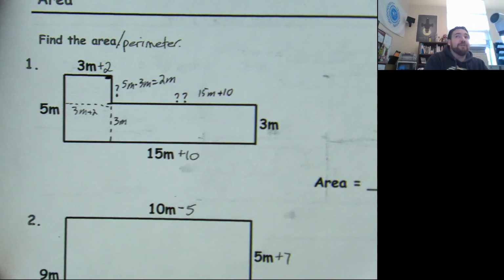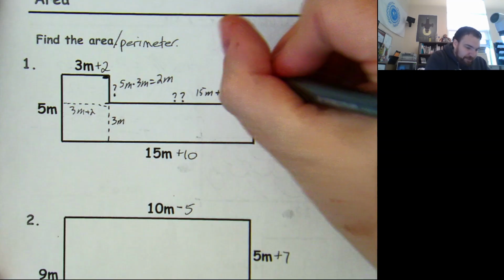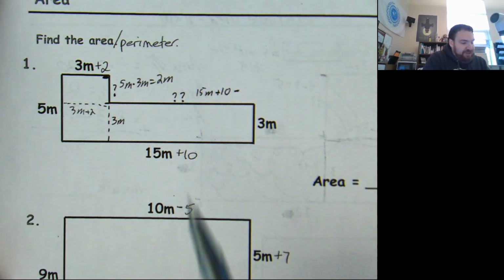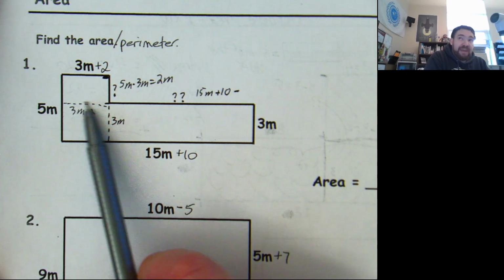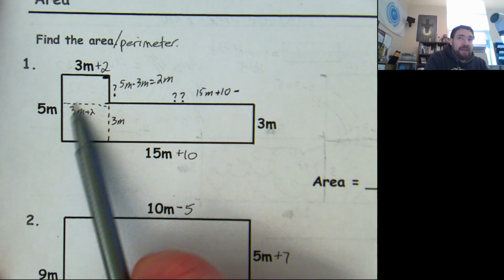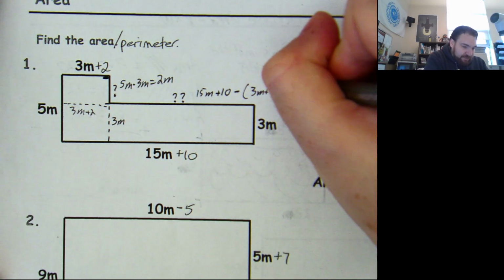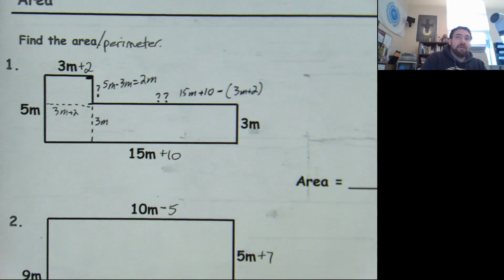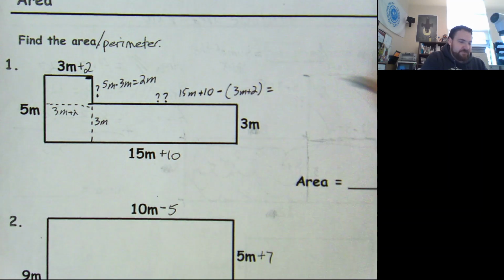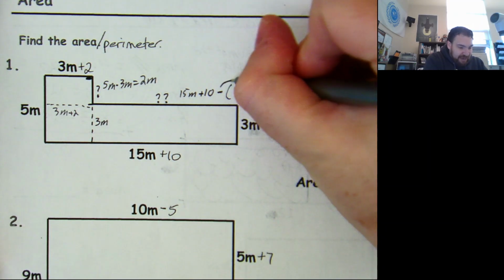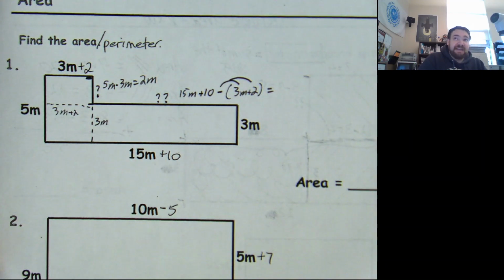And now how you write out the subtraction is really important. We're going to put the subtraction sign, and because we want to subtract away this whole thing, you have to put this whole thing in brackets. 3m plus 2. Close the bracket. Equals. Now, when we were subtracting these things, we distributed that minus sign in.